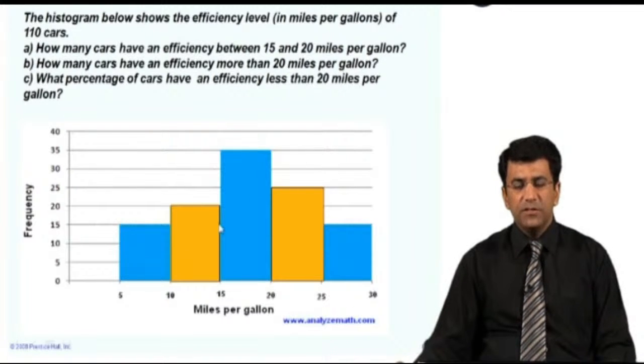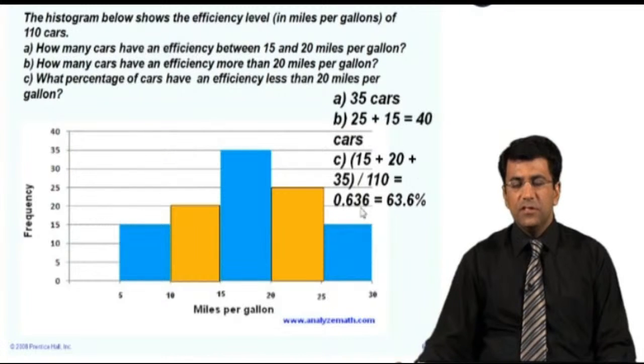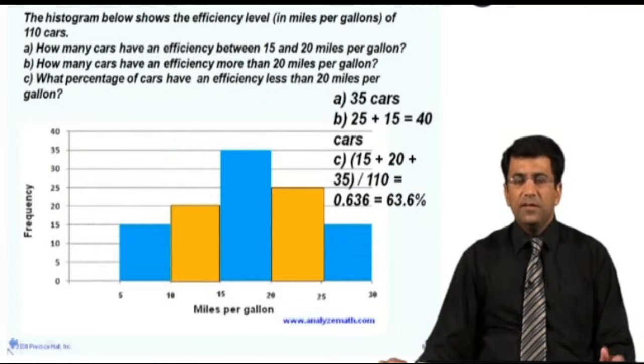So we will divide this sum of frequencies by the sample size, that is 110, and then multiply it by 100. So we will get the percentage of cars which have an efficiency of less than 20 miles per gallon. Now again, these are the answers to these particular questions.